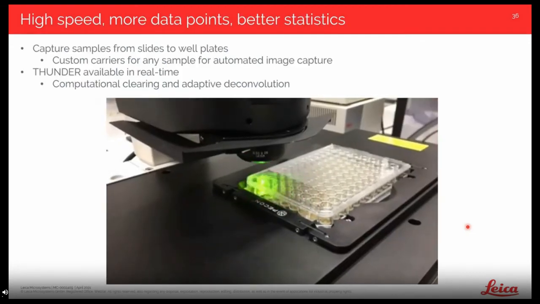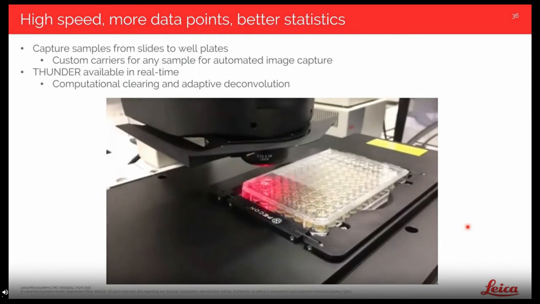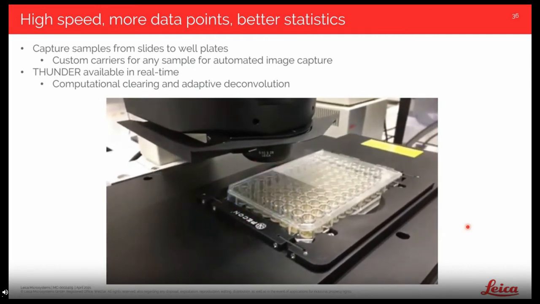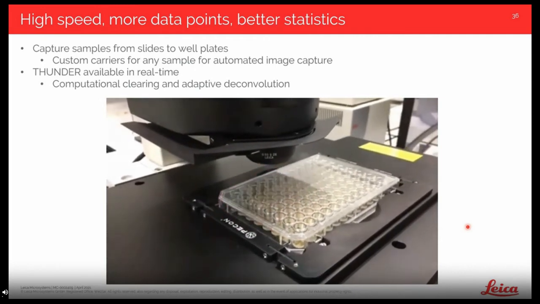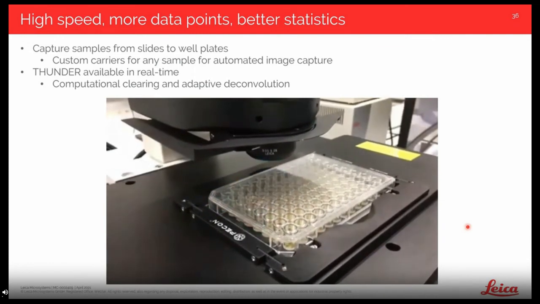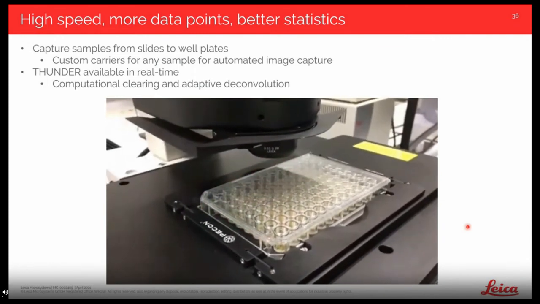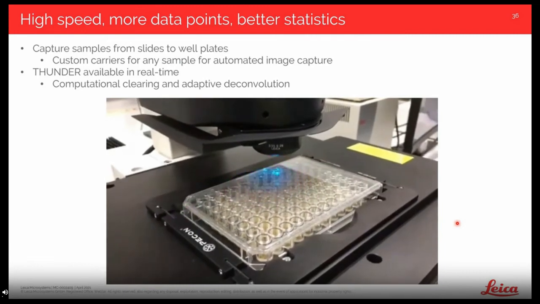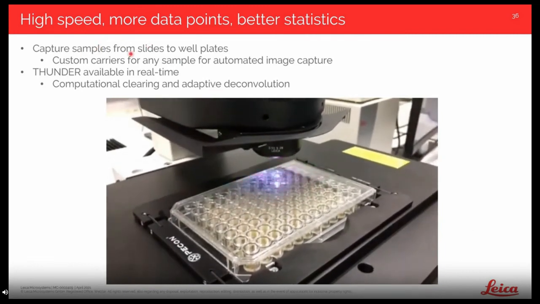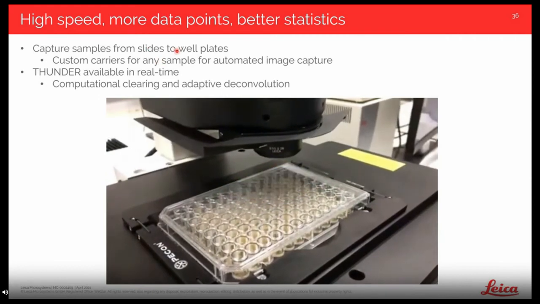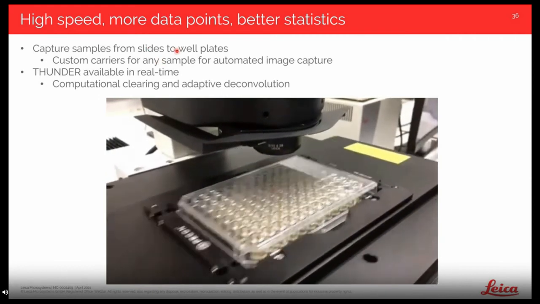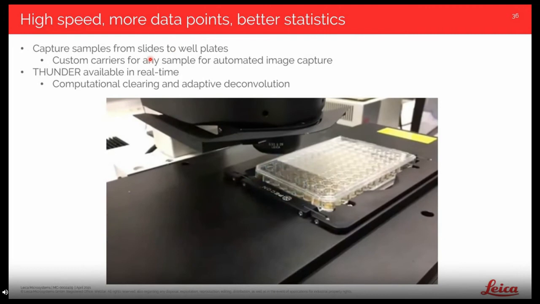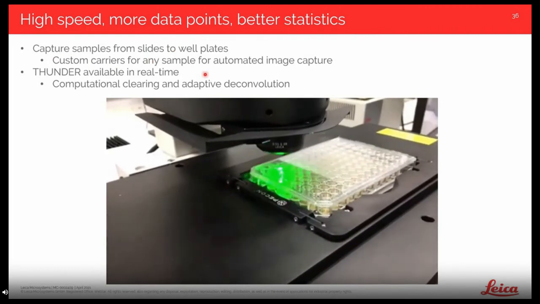So along with this high-speed imaging and this AFC, we also have stages that allow for multi-well plate imaging and give you high speed, more data points, and overall better statistics because now you have many more data points. So we can capture samples that go from either slides to well plates, so chamber slides, multi-well plates, things like that, through our custom carriers in our software.